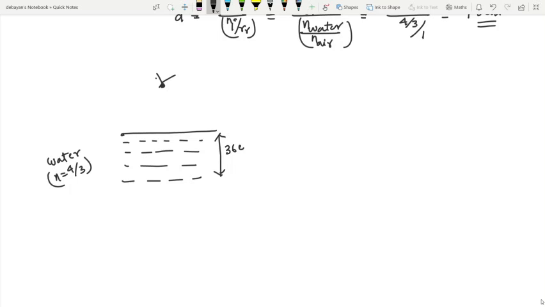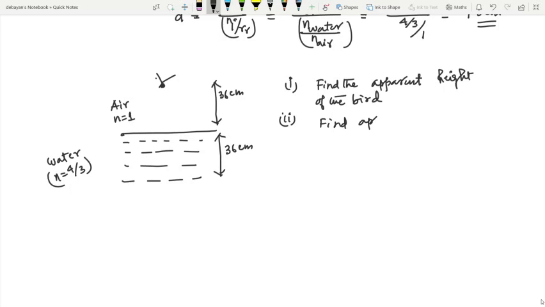So the question is, find the apparent height of the bird. The second question is, find the apparent depth of the fish.